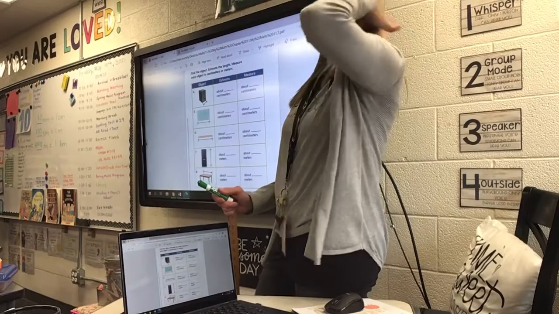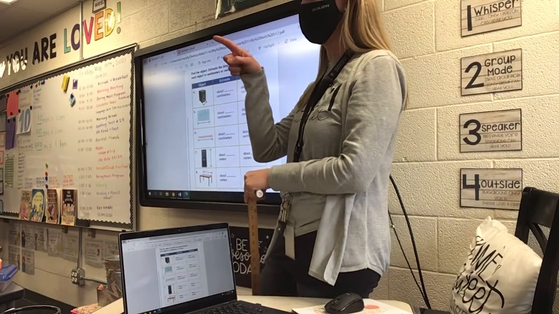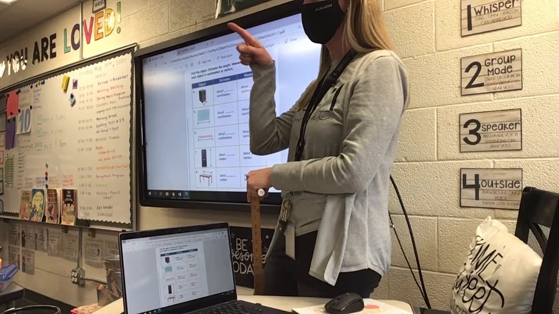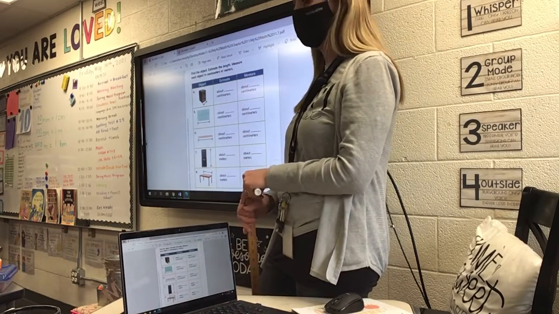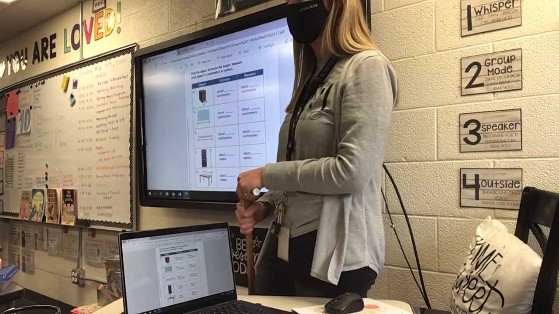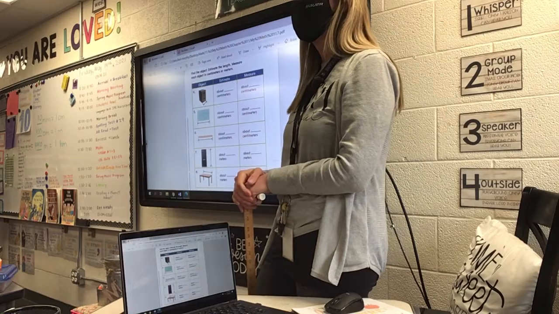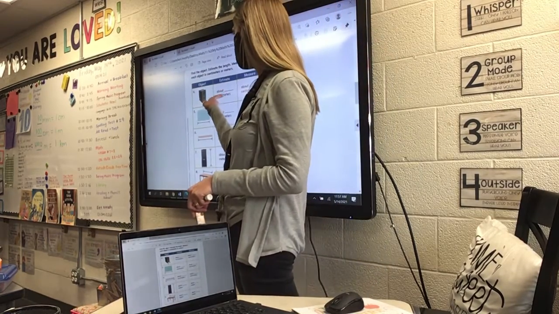So I want you to right now estimate. Looking at Murphy's file cabinet over there, kind of by the hand sanitizer, going across it, how many centimeters? So look at your ruler. How many centimeters do you think that is going to be going across? Think in your head, and then write it on your paper right here.